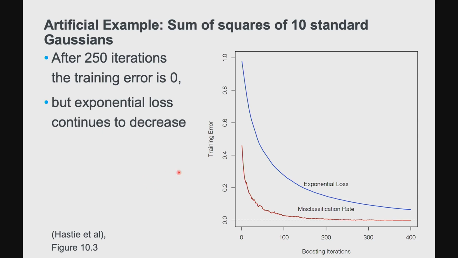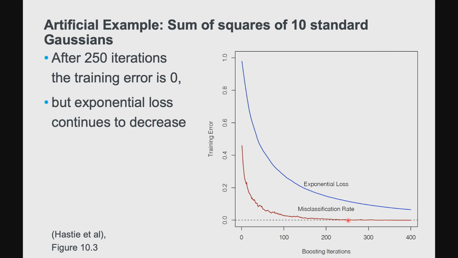So we have now looked at this exponential loss for the boosting iterations. And what is interesting here is that we look at the training error, the misclassification rate on our training data set. At some point, the misclassification is 0, about here, 250 iterations.